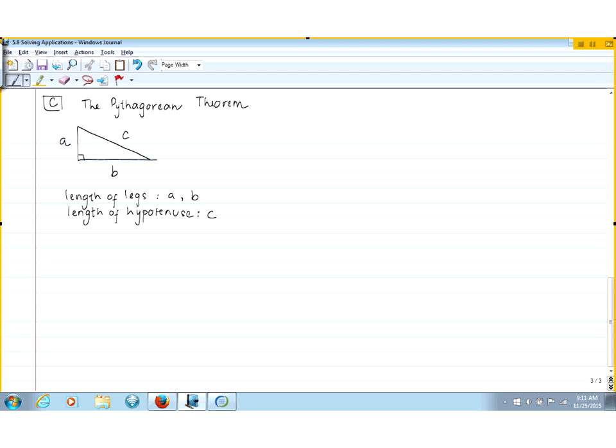So the Pythagorean theorem for a right triangle says that a squared plus b squared is equal to c squared. The proof is in geometry, so if you take a geometry class, you will have a proof.